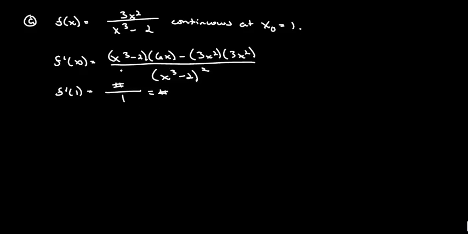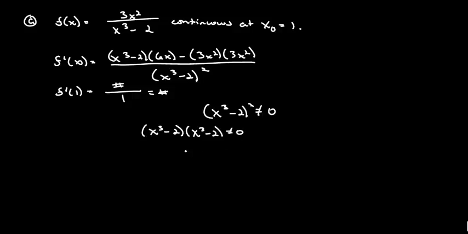The key point here is that we differentiated and we checked it at that value. Since we found the derivative, we can compute it at that value, which means that it's continuous. Now where is it always continuous? Well, it's continuous wherever the denominator, x to the third minus 2 squared, is not 0. That's x to the third minus 2 times x to the third minus 2.